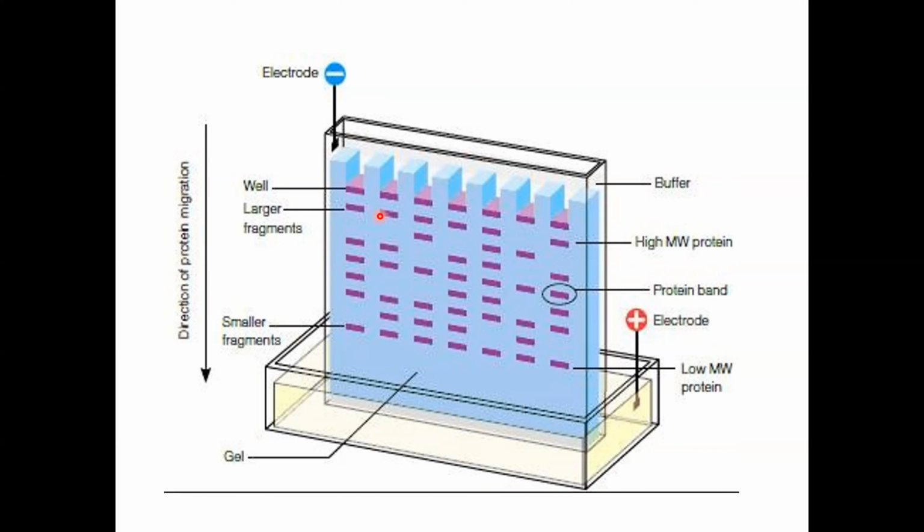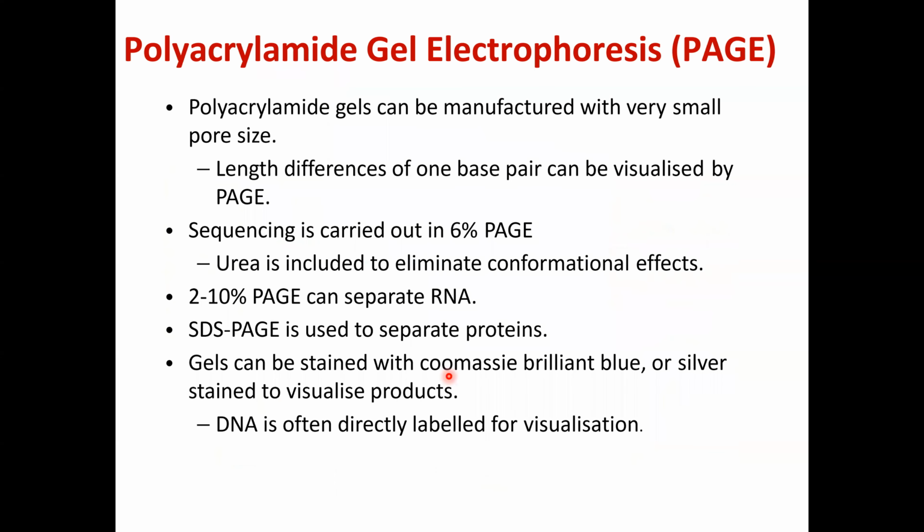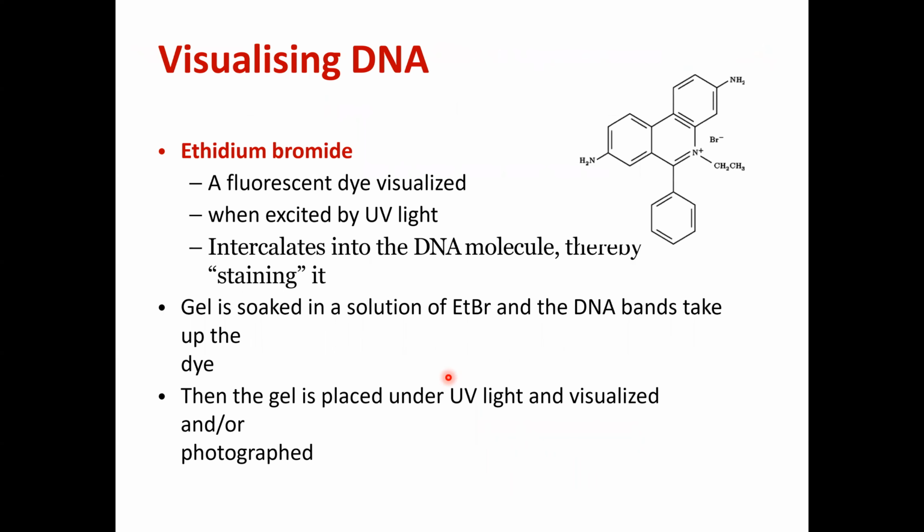So if you see a band at the top in your result, it means these are the larger fragments. And if it migrates farther, then it could be smaller fragments. It's easy, the same method as gel electrophoresis, but they're using different solutions here.